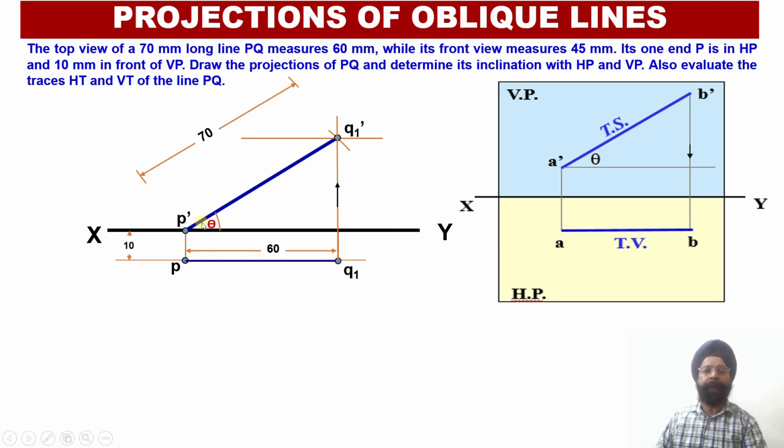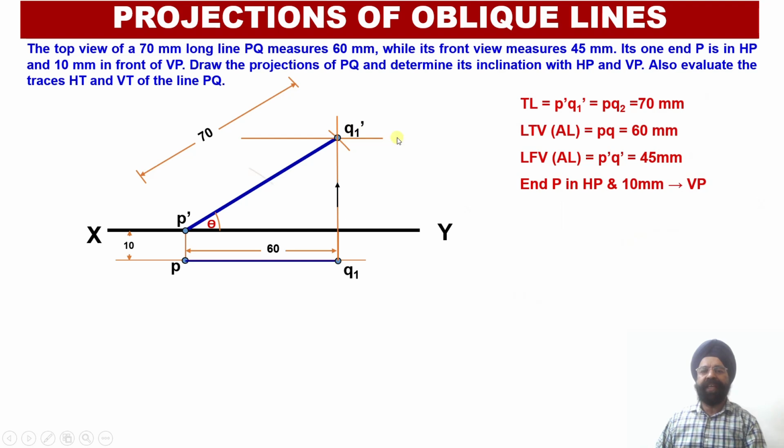So through this point P dash, I am going to mark a distance of 45 millimeter onto this horizontal locus line corresponding to the point Q1 dash. Once I measure this distance, I know that P dash Q dash is equal to 45, so I have marked an arc with an arc length of 45 millimeter. I have drawn this P dash Q dash with black color as usual, and this distance of the apparent length projection in the front view is equal to 45 millimeter.